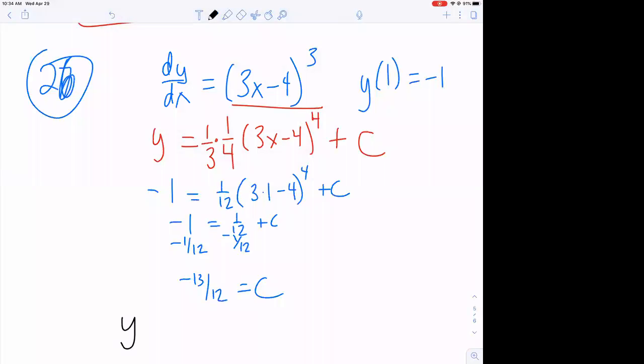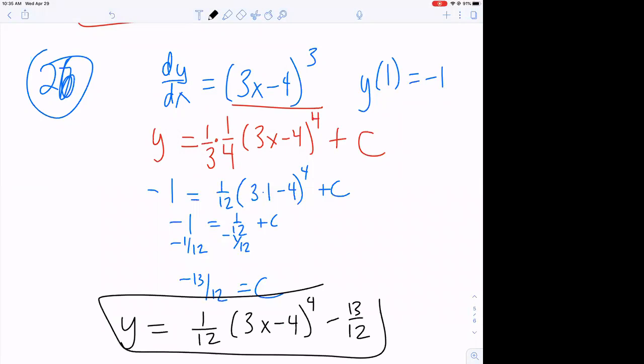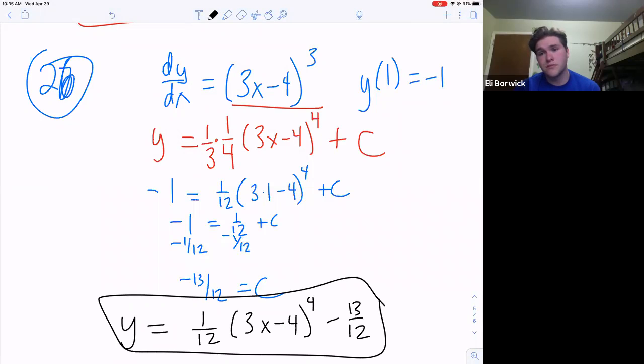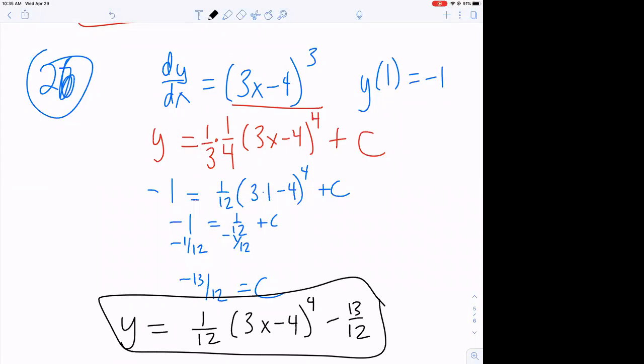But your final answer then is y equals 1/12 (3x minus 4) to the 4th minus 13/12, because that's what we found c to be. Well, that's nasty. Yeah, I double checked. No slope fields, friends.